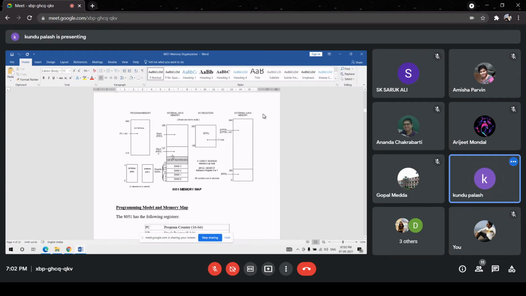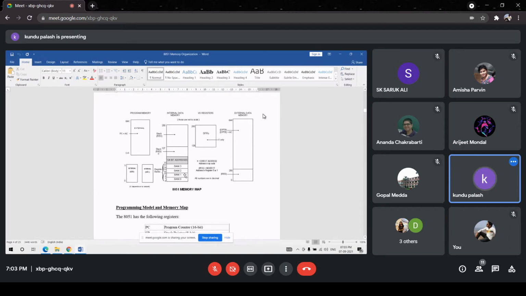That means this part of the memory, whose address is 0 hex to 32 decimal, 0 to 32. So an array of the memory space is utilized for the 8 GP registers in 4 banks. That means bank 0 has 8 registers, so their addresses are 0 to 7.